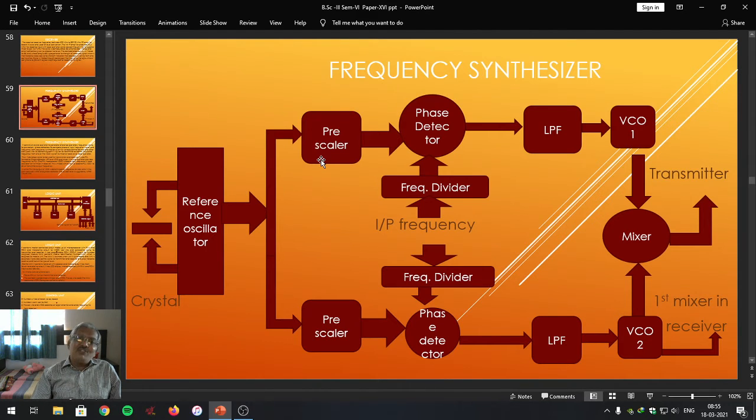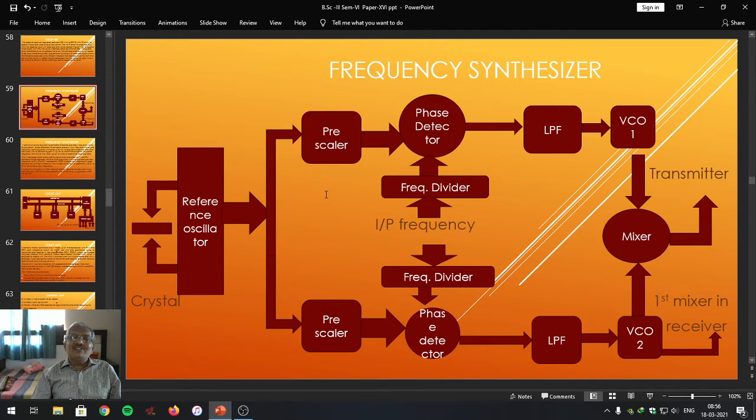In basic part 2 we studied that the bistable multivibrator acts as a scale of 2, because it divides the input frequency by 2. Here the prescaler is general circuitry that generates the required magnitude of frequency to be used for the transmitter and also for the receiver. This is the unit that is used for scaling the input frequency.